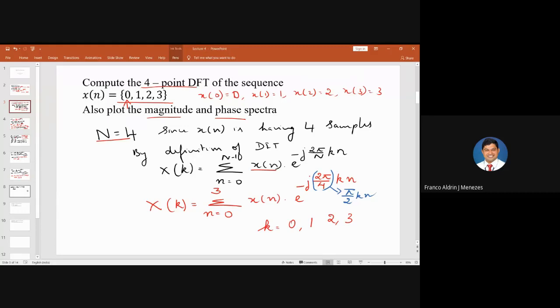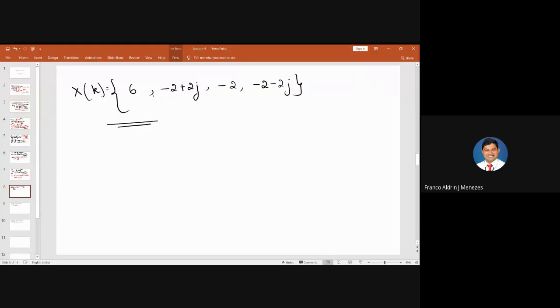This x of k is a complex term, so there will be a real term as well as an imaginary term. In the first and second cases, the imaginary term is 0, whereas for the other two there are imaginary terms. So we have to find the magnitude and the phase, the angle.